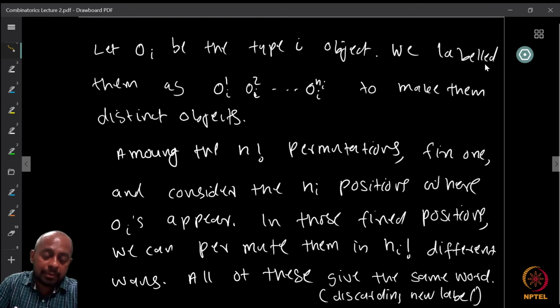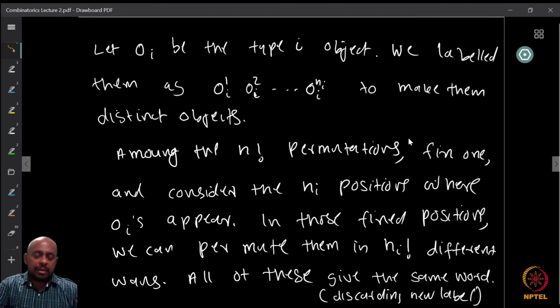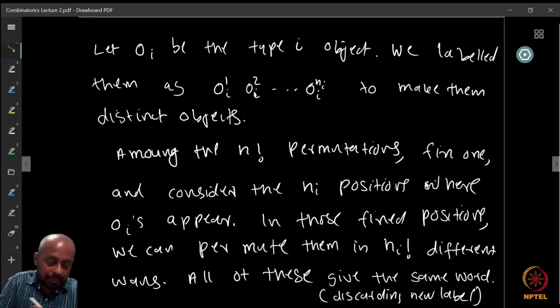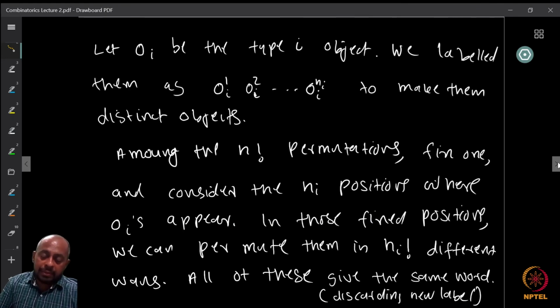Similarly, let Oi be the type i object. We have labeled them as Oi1, Oi2, etc., Oi ni to make them distinct. Now, among the n factorial permutations, let us fix one of the permutations. Once you fix the permutation, consider the ni positions where the Oi's appear, like the 3 positions where O1 was appearing. I will not change those positions, but I can permute the copies of Oi among themselves.